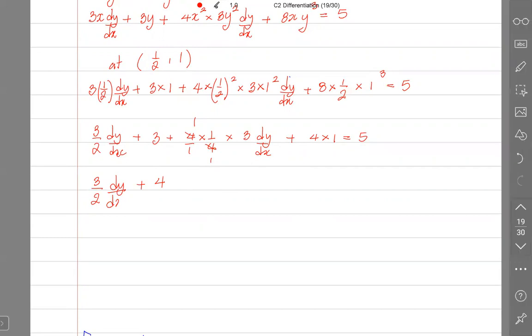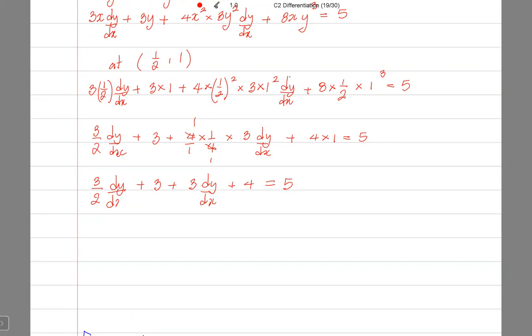No, my mistake. Fix that. So this is plus 3 plus this is 3 dy by dx plus 4 is equal to 5. 3 plus 4 is 7.